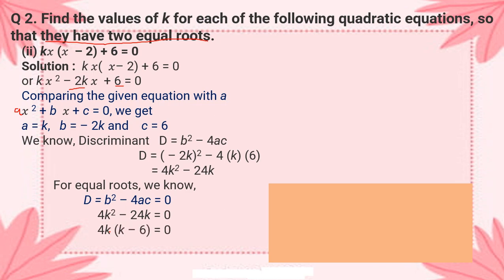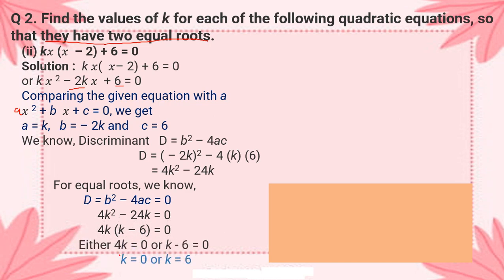In the first term k is left and in the second term −6 is left. Now 4k(k − 6) are the factors of the given equation, and now they should be equated to 0.